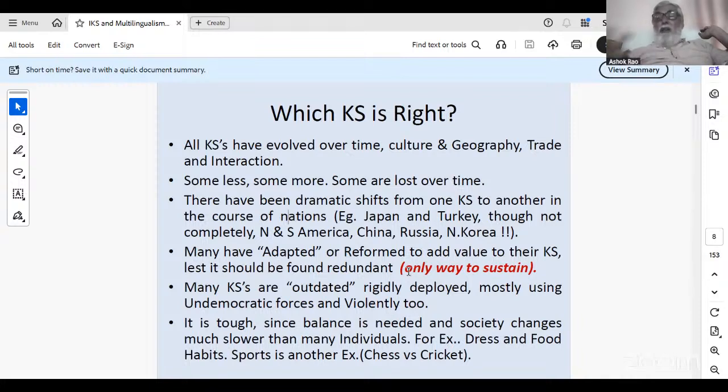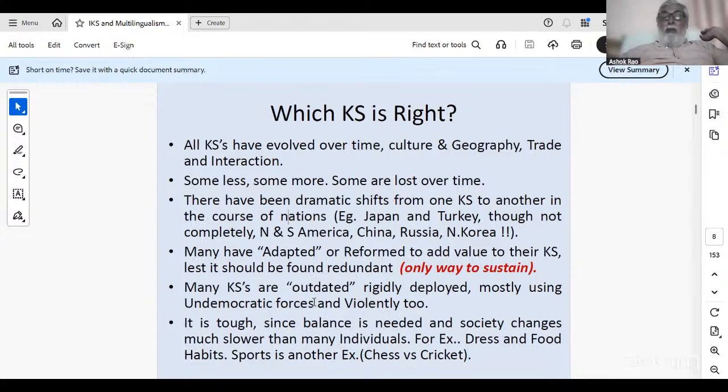Otherwise, either you push an outdated knowledge system very rigidly using violence, which you see now in the Taliban in Afghanistan, or you adapt to changes, which also we see now in the problems we are having in Iran.